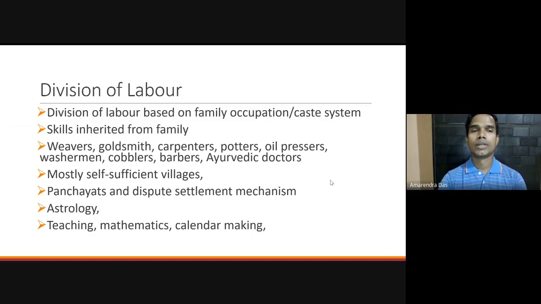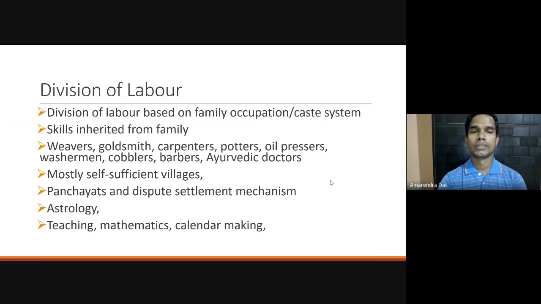So there was a simple division of labor, and the skills used to be inherited from the family. Of course, students used to get education from Gurukulas, but Gurukulas were not open to all people. They were restricted to the upper caste people.